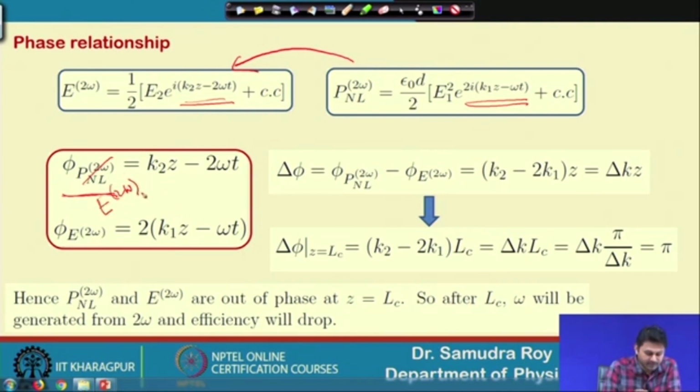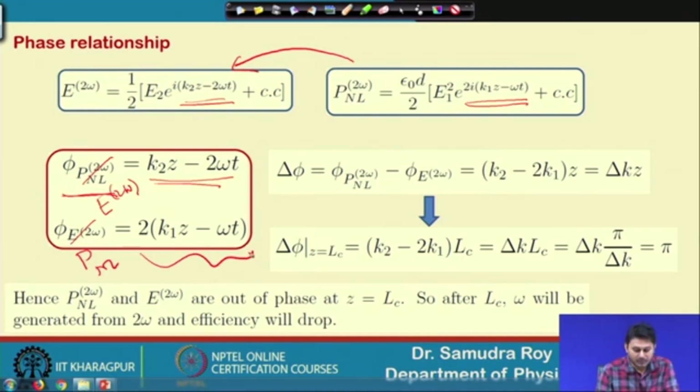So, this is the phase of the 2 omega frequency. The 2 omega frequency basically gives rise to this phase, k2 z minus 2 omega t, and for the phase of this nonlinear polarization, the suffix is now reversed here somehow. So, please note that. Then the phase is 2 k1 z minus 2 omega t.